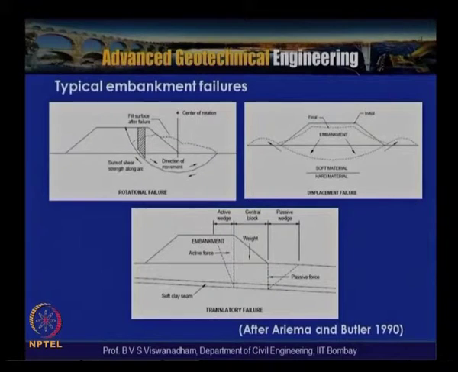The first figure on the leftmost corner is the rotational failure of an embankment. This is possible when the underlying clay is soft in nature, then the direction of movement is vertical and then outwards in this direction. This is also called a base failure, which happens if you have underlying soil which is soft in nature.